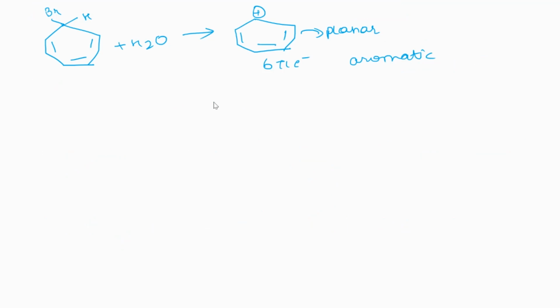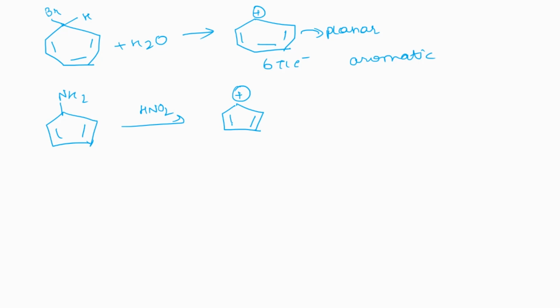Now the last one, that is this one. NH2 and HNO2, it will form N2 plus Cl minus, and this N2 plus will just get out, giving us a plus sign over here. I will get a positive sign.